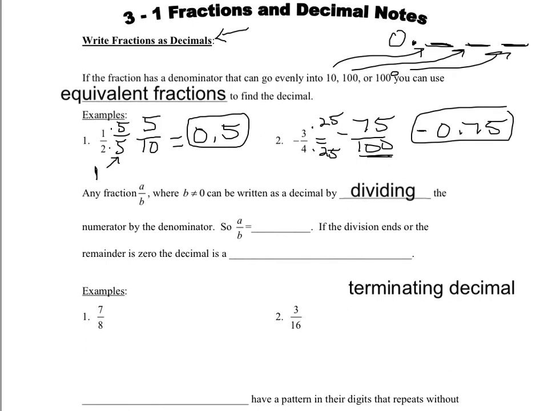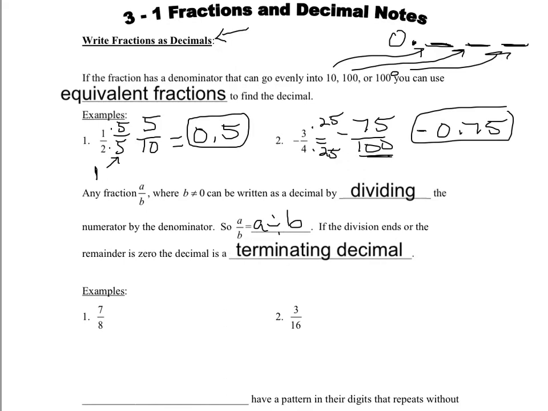In other words, you're doing a divided by b, because ultimately a fraction is division. That's nice because dividing always works no matter what. If the division ends, or the remainder is 0, it's what we call a terminating decimal. Terminating meaning it ends. So it has an end to it.